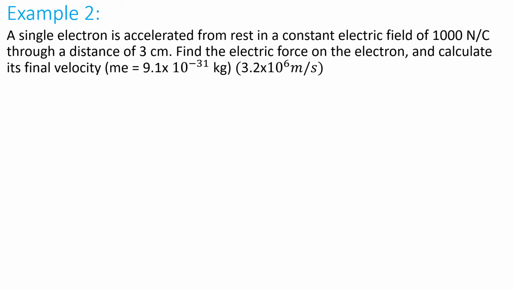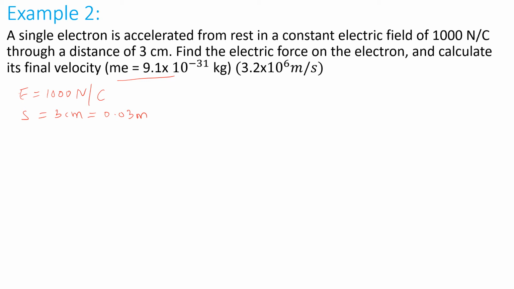We are given the mass of the electron, that's a constant, and we are given the electric field intensity as 1000 newton per coulomb. Remember from definition, electric field intensity is the same as force per unit charge, so that's the unit. Distance is 3 centimeters, which is 0.03 meters. You change that straight away.